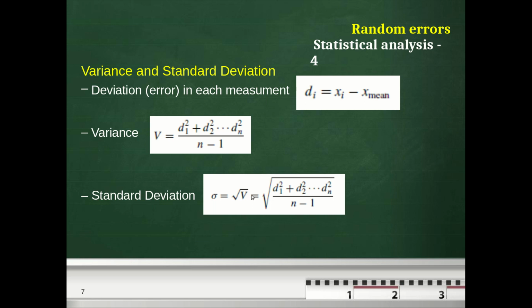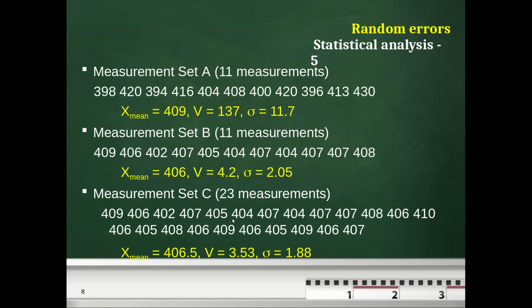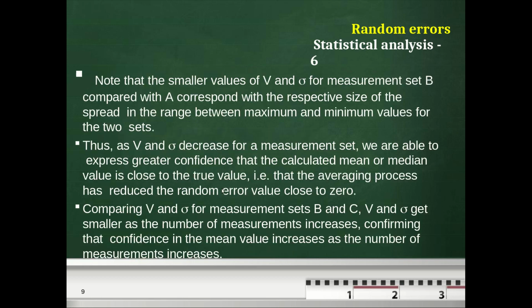This is all related to each other, and we may use sigma. For the variance we use sigma squared, so you remove the square root. So you can calculate all of them, the variance and sigma, the standard deviation, for each set that we have before.